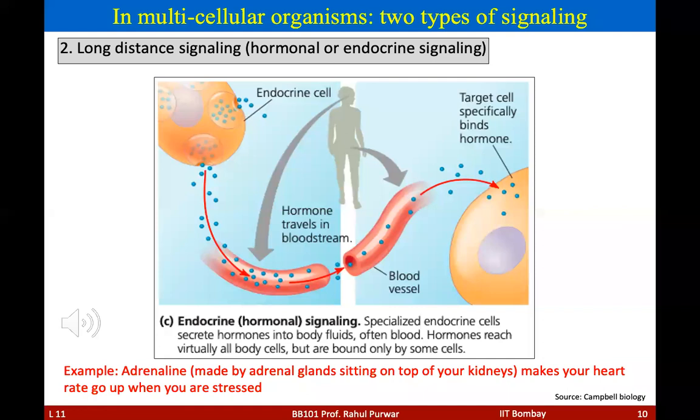So here is an example like adrenaline made by the adrenal glands sitting on top of your kidney. When the adrenaline is secreted by the adrenal gland which is near the kidney, that makes your heart rate go up when you are stressed, indicating that endocrine cells are far away, and that's how distant signaling or long distance signaling works.